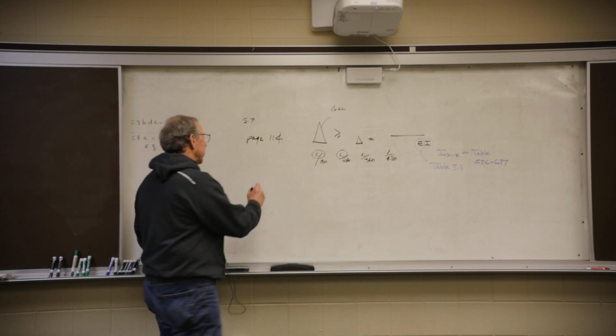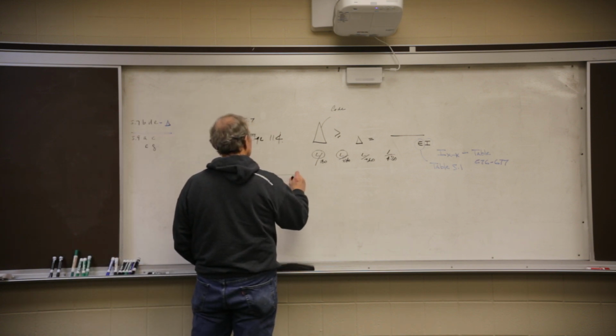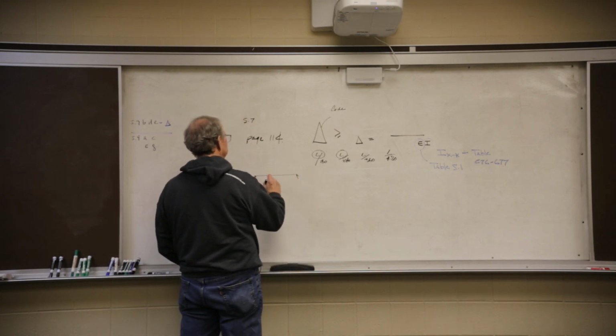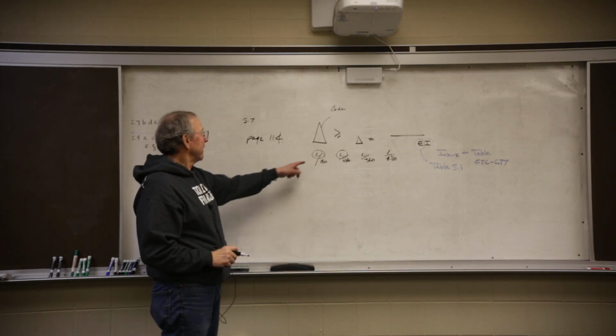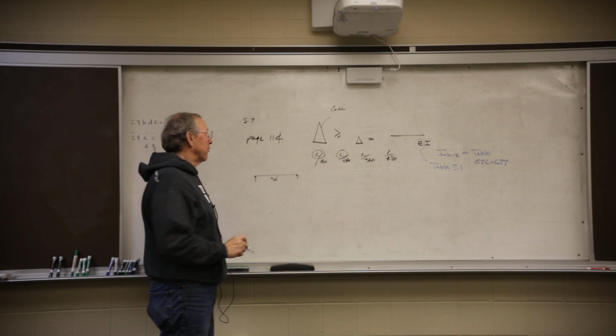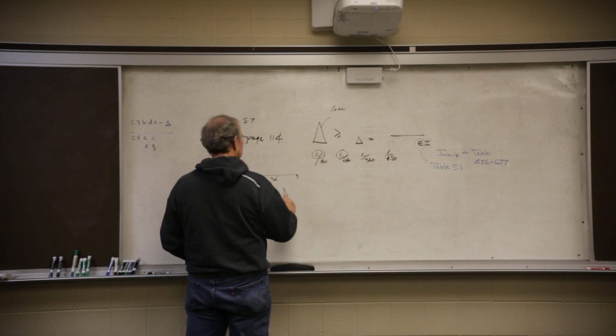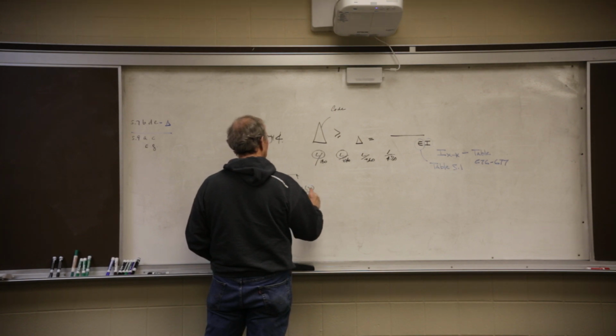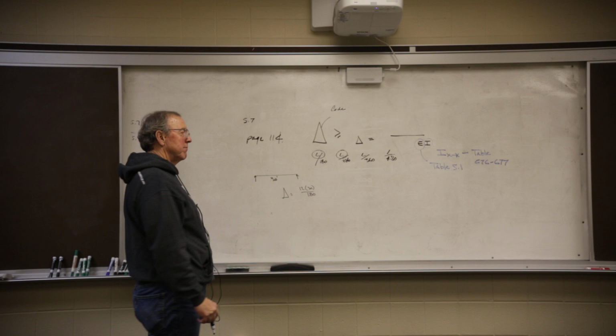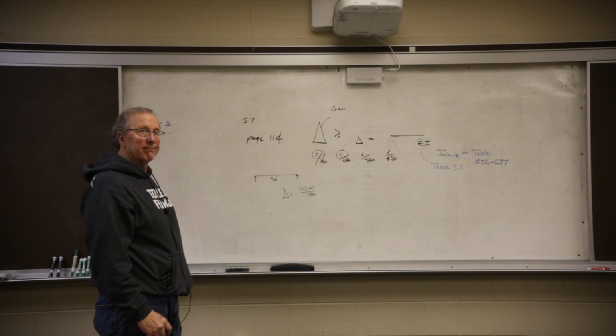If I have a beam that happens to be, let's make it 30 foot long, and I have a criteria that says the maximum deflection is L over 180, big delta is going to be 12 times 30 over 180, 2 inches. Okay?